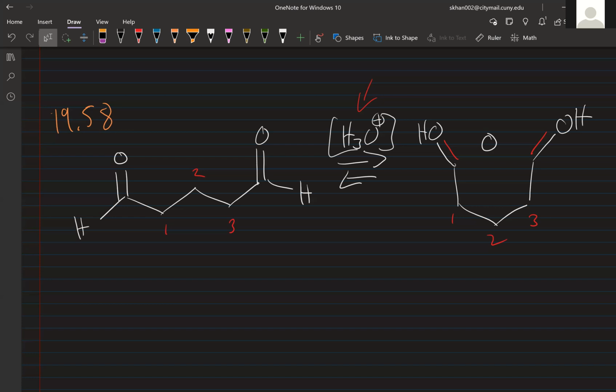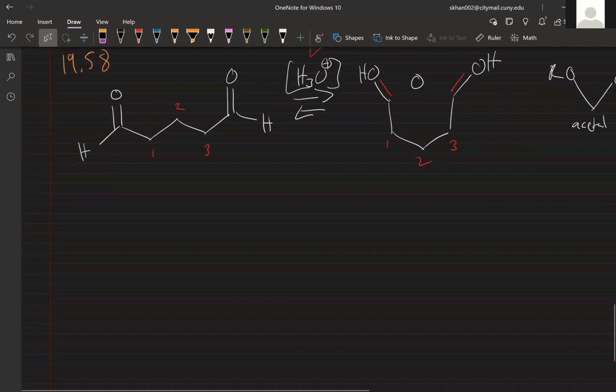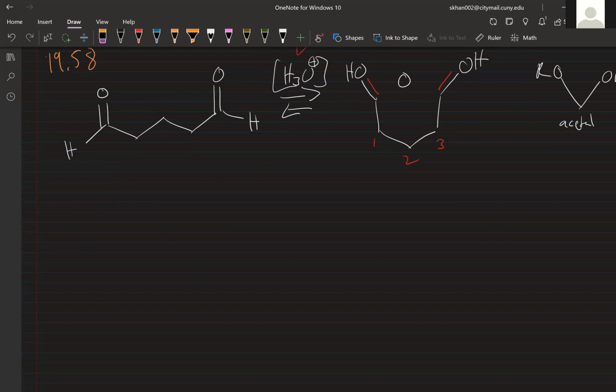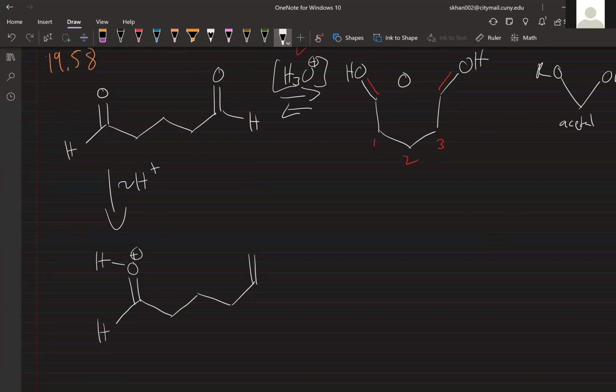Okay. Hopefully that's been enough time. So let's start this little process here. First, we could simply protonate this. I'm just going to do that. Okay, so we have that protonated.